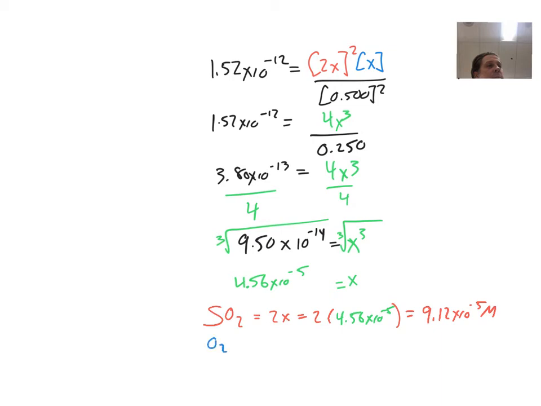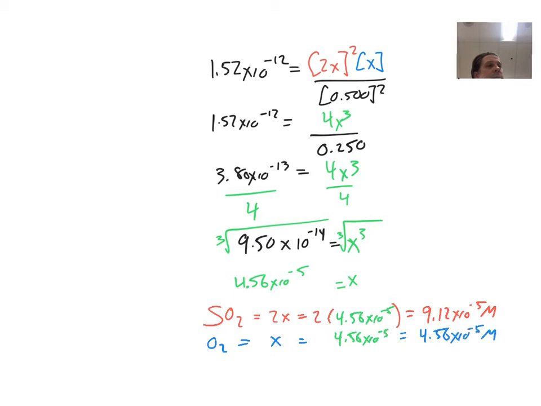For O2, it's just going to be x, so I don't need to change that, so it'll be 4.56 times 10 to the minus 5 molar.